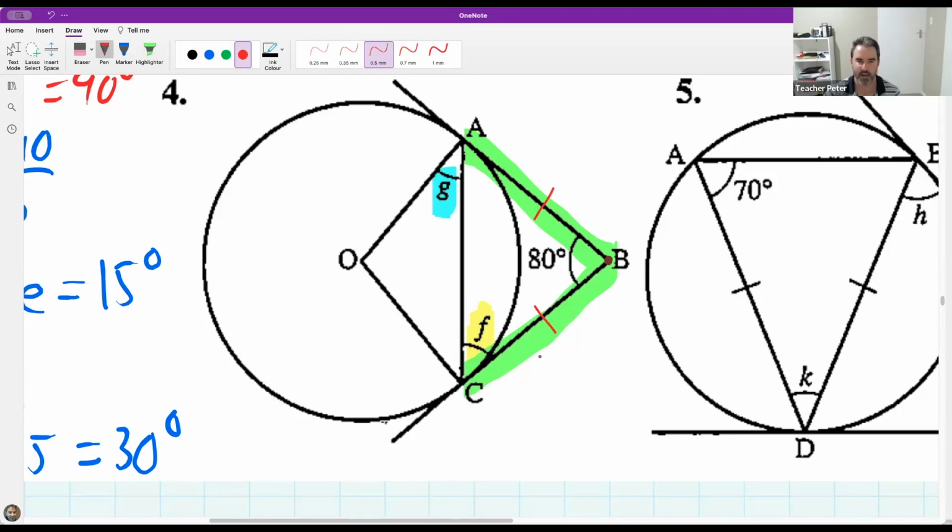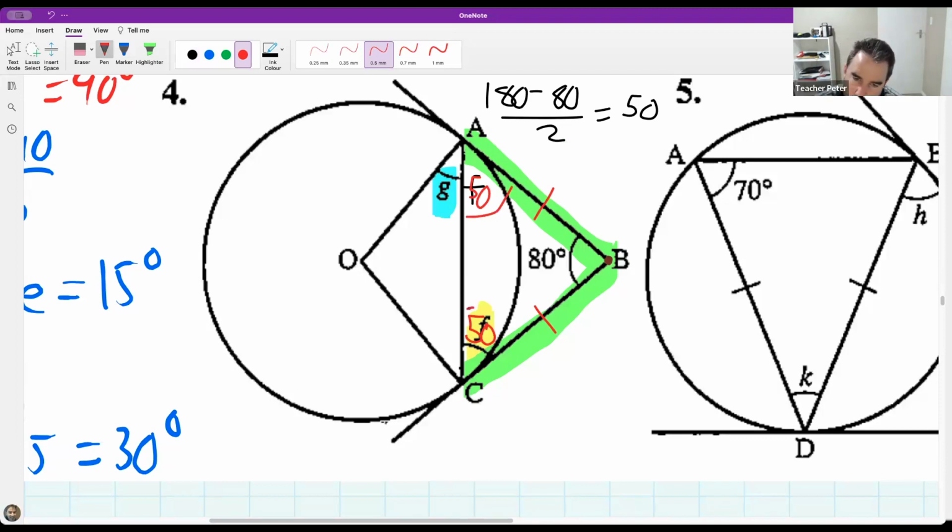Because we're running out of time, I'm going to speed this up a little bit. I want to say that these two are the same. And so we're going to go 180 minus 80 divided by 2. That is going to be 50 degrees each. So this will be 50 and this will be 50.